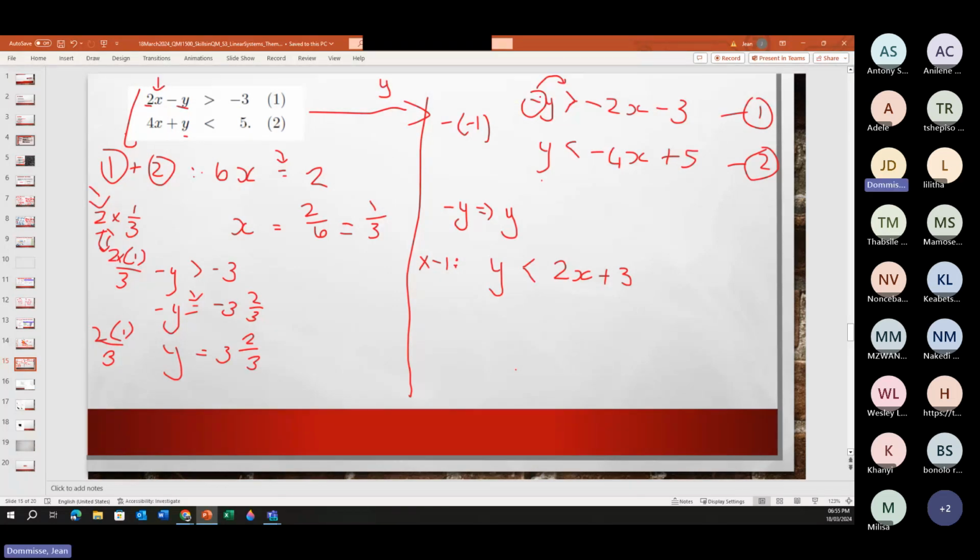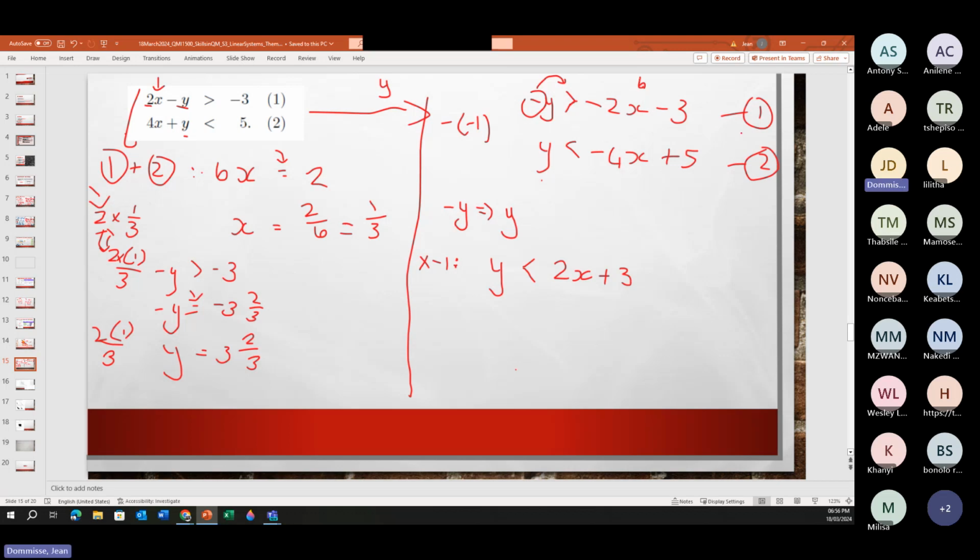Let's say y was equal to -2. If we just put something in here, let's say x was 6. So let's solve and put in the value of x.